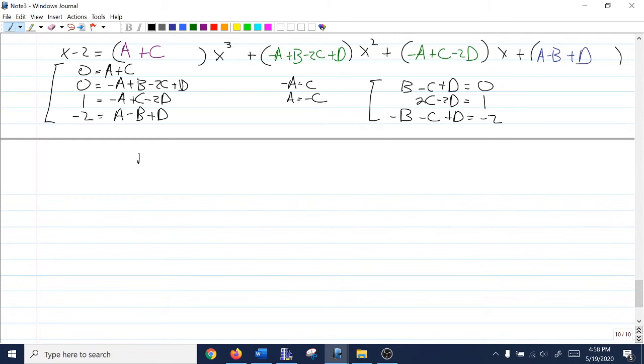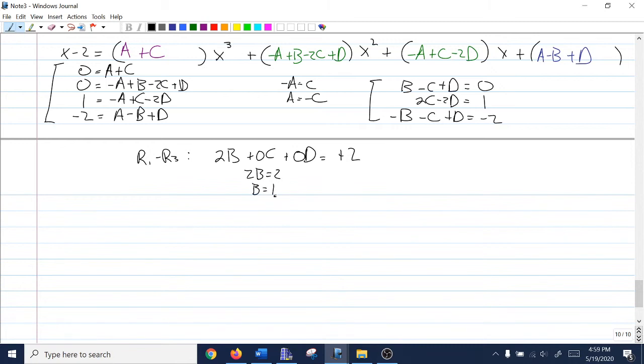What happens if I take row 1 minus row 3? I get B minus negative B makes 2B. Negative C minus negative C is 0 C's. D minus D is 0 D's. 0 minus negative 2 makes positive 2. So 2B equals 2. So B equals 1.